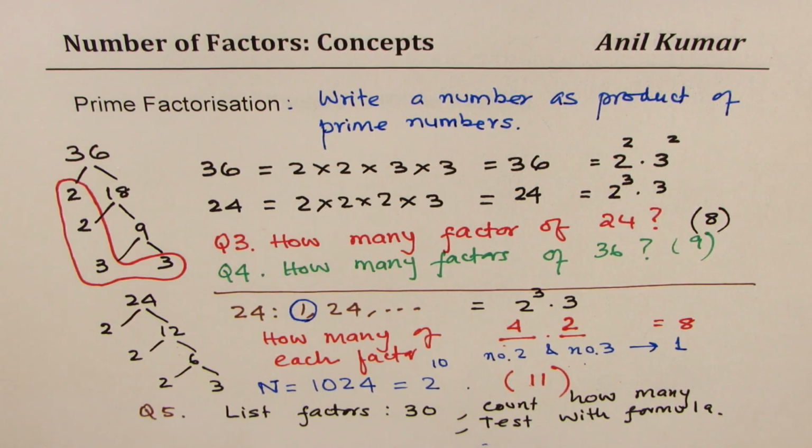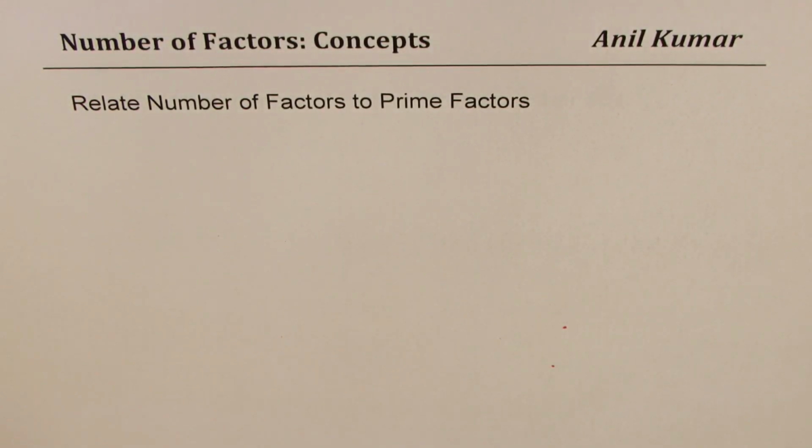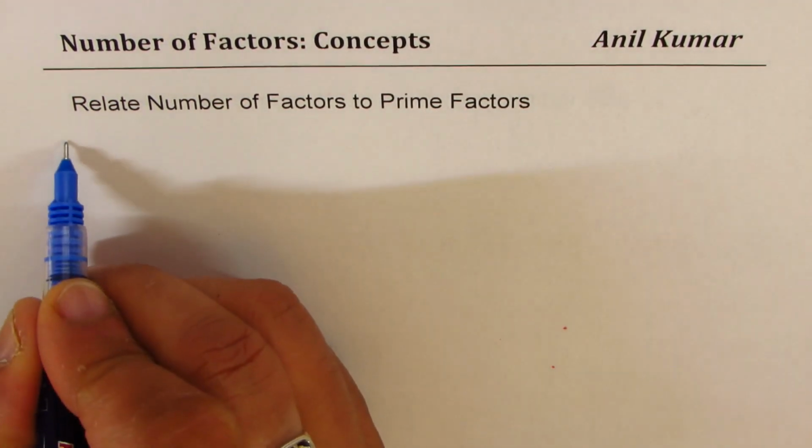Okay, so let's move on to the next topic now, which is relate number of factors to prime factors. Exactly what we did just now. You're getting my idea, right? So we'll relate number of factors to prime factors. Okay, let me take the number 30 now and then relate.